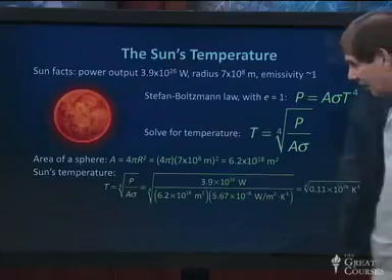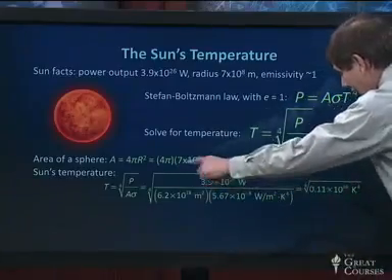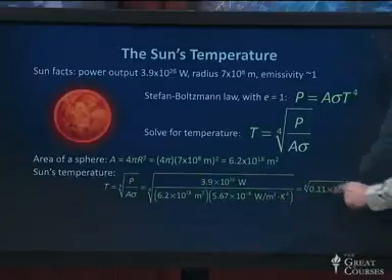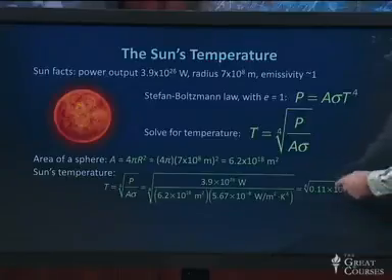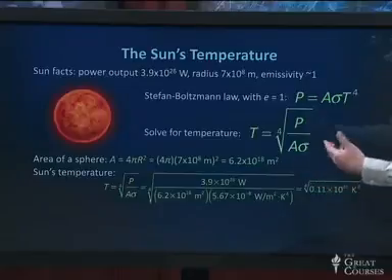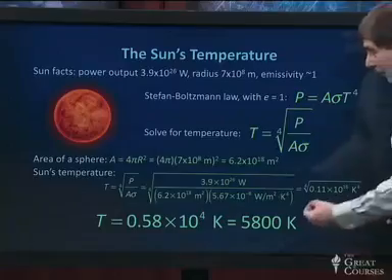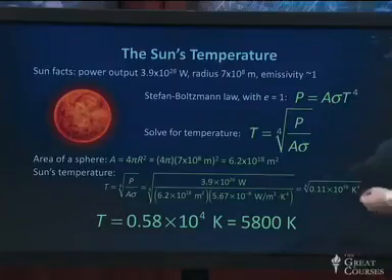Do the numbers, and the sun's temperature is the 4th root of all that, and I've worked that down to this form because it's actually pretty easy to take the 4th root of 10 to the 16. You just divide the 16 by 4, so it's going to come out with a 10 to the 4th, and the 4th root of 0.11 is about 0.58. It's a bigger thing because you multiply something less than 1 by itself many times, it gets smaller. And so the answer is 0.58 times 10 to the 4 kelvins, or about 5,800 kelvins.